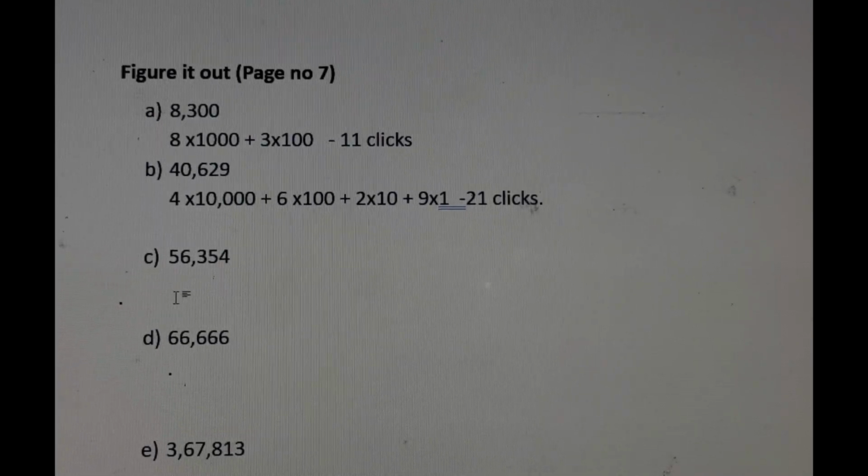56,354. So here we will click the 10,000s button 5 times. Now I hope you are all understanding the way. Thousands button 6 times. Then hundreds button 3 times.